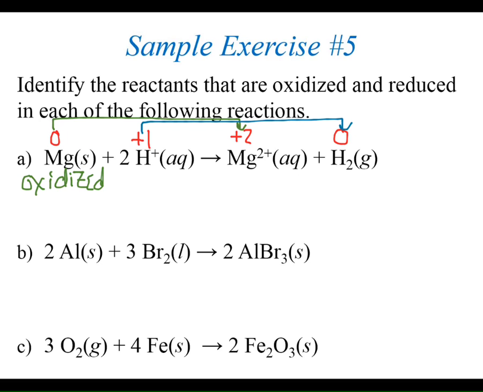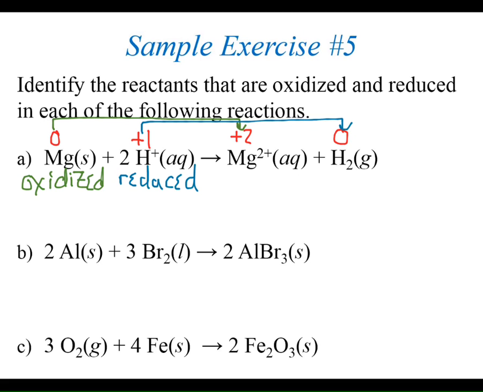Hydrogen went from +1 to 0. See that? Does that mean it gained electrons or lost electrons? From +1 down to 0, it must have picked up some negatives, right? Yes, so if it gained them, that means it was reduced.